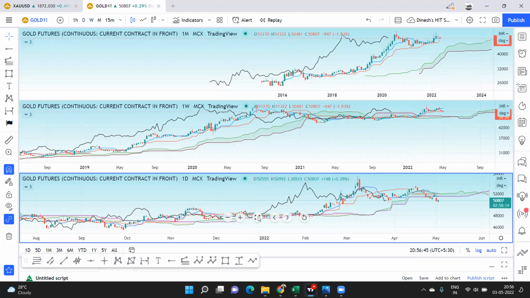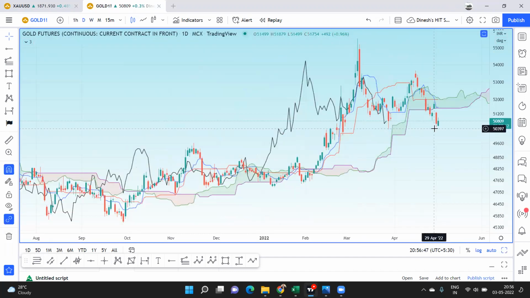In the daily, it's got resistance around 51,500 to 52,000, and anything above that, 53,500 would be the next line of major resistance. But first resistance, in line with the international markets, is at 51,500 and at 52,000.